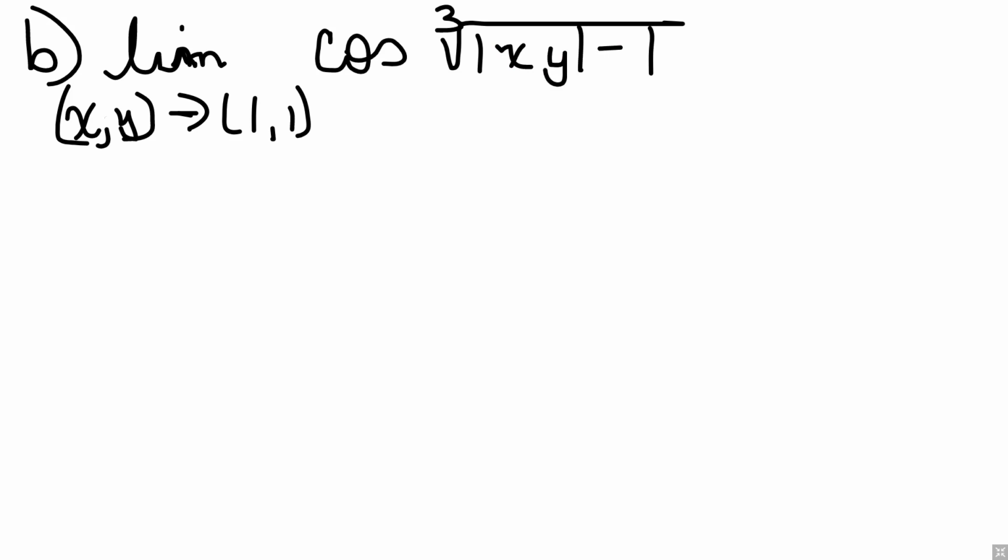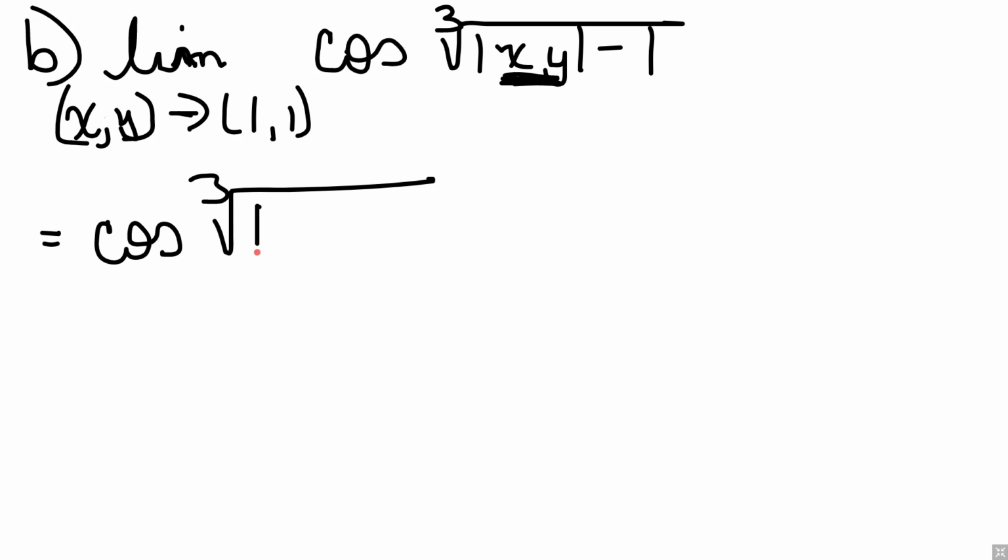Again, in order for us to evaluate that, we're just going to do direct substitution. If we plug in both x and y here, what are we going to get? 1. So we're going to have the absolute value of 1 minus 1.